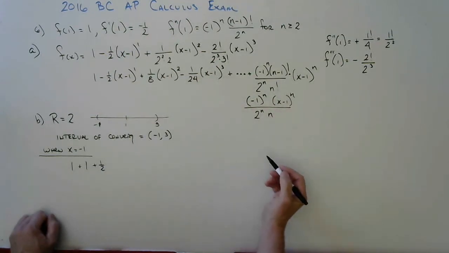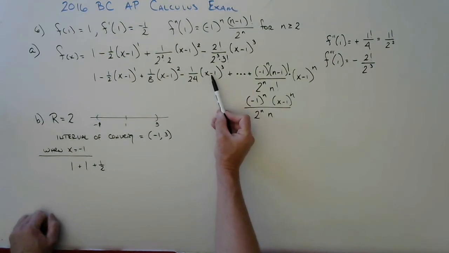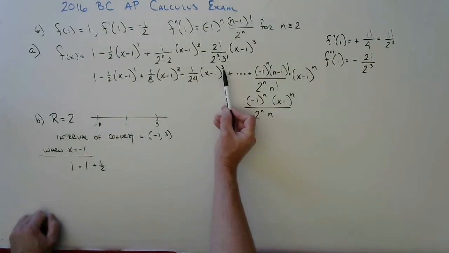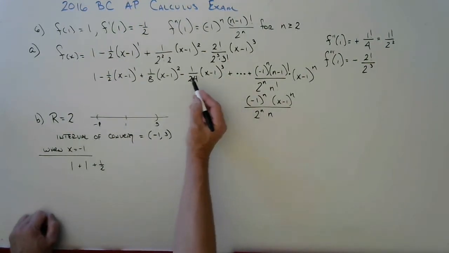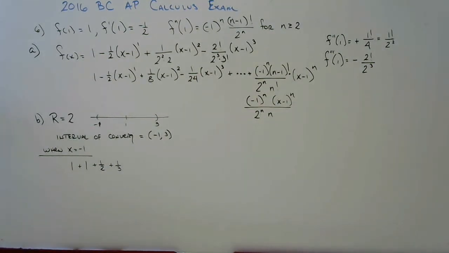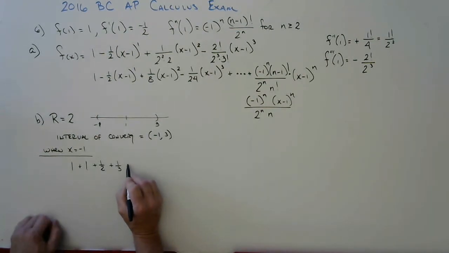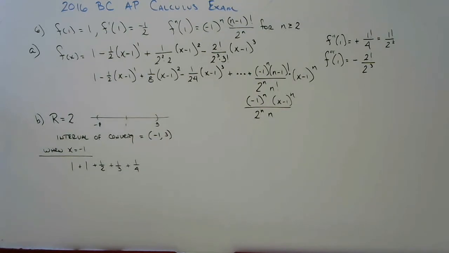What about this term? Well, I've got -1, so that's -1 minus 1, -2, cubed, that's -8. This turns out to be plus 1/3. And then if we keep going, the next term is going to be plus 1/4. And so what do we know about this series?